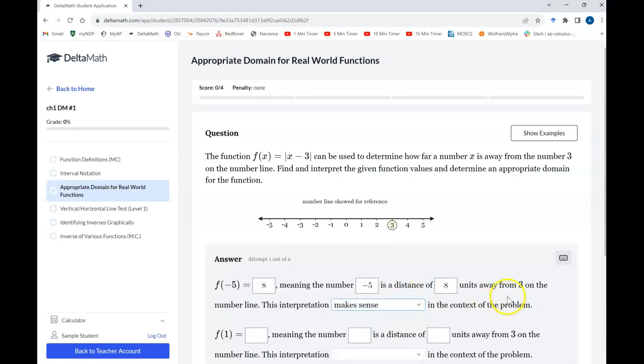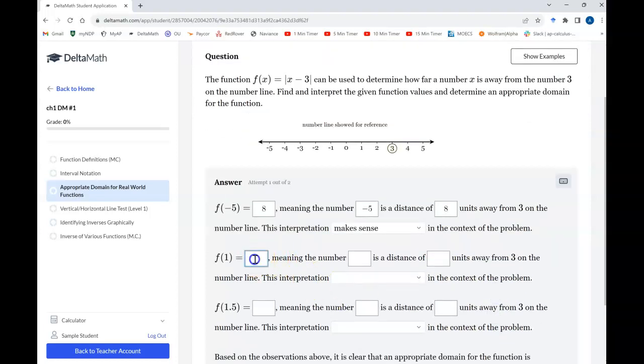Well, that makes sense, right? If I put negative 5 on here and I count, that's 8 units. f of 1, well, that should be 2. 1 minus 3 is negative 2, and the absolute value makes that positive 2. So that tells me the number 1 is 2 units away from 3, and obviously that makes sense.